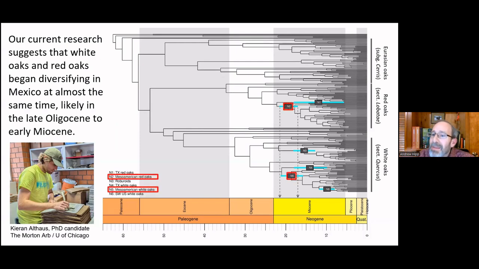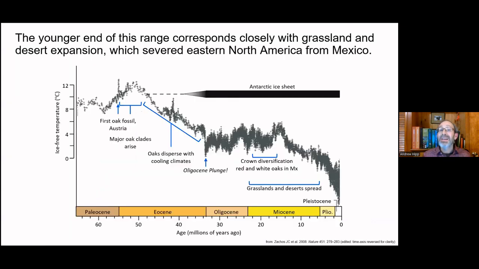And what we find is that in both the white oaks and the red oaks, they move into Mexico in what looks like the Miocene, which is an exciting thing because this roughly correlates with the time when the grassland and deserts are spreading, severing eastern North America from Mexico, which may explain how we got this Mexican oak clade.